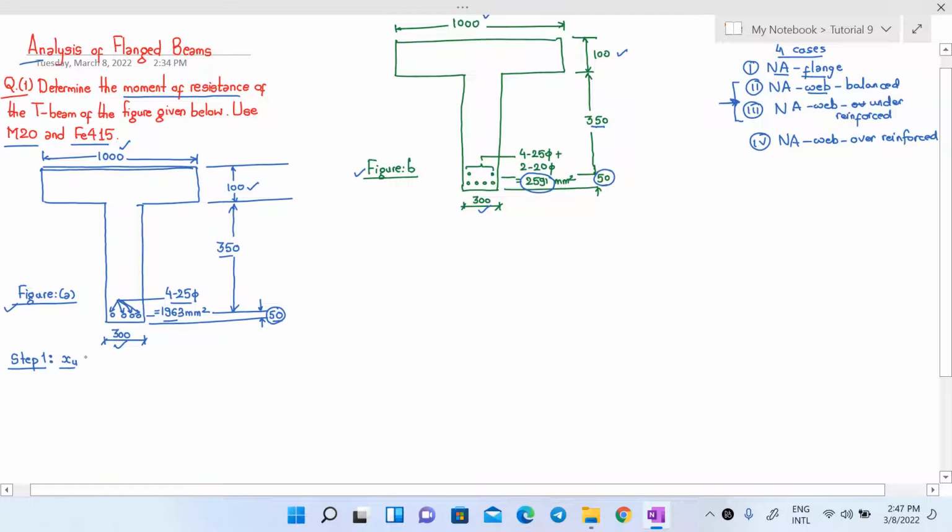To determine the value of xu, let us assume that xu is in the flange. So we will first assume that xu is in the flange and check whether our assumption is correct or not.